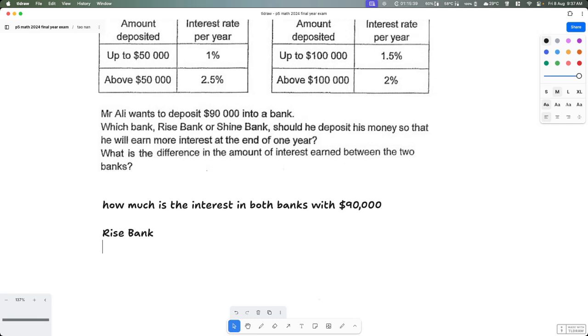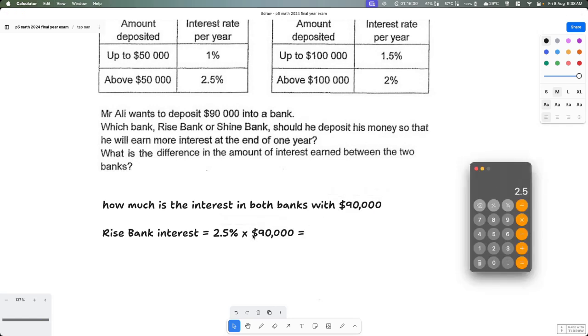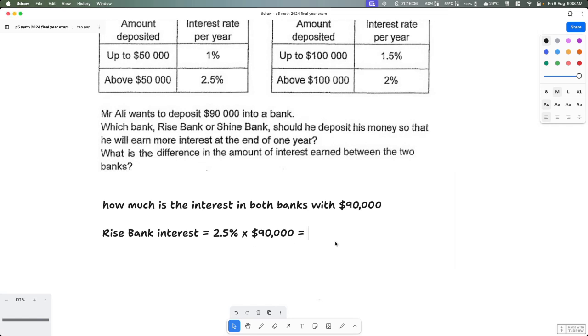So Rise Bank interest is equal to 2.5% times $90k. I'm going to copy this 90k over here. And what would this become? 2.5% times 90,000 will give us 2,250. So this is the Rise Bank interest.